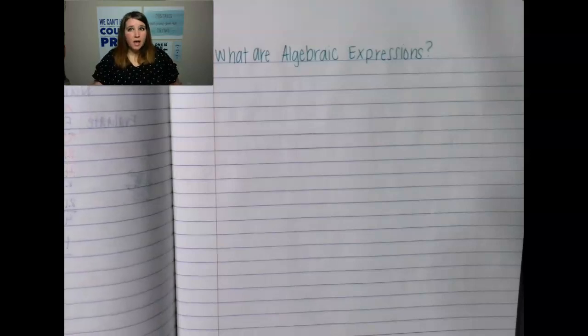We're talking about algebraic expressions. We've been learning about numeric expressions, and numeric expressions we know are just math sentences that have both numbers and operations. Well, now as we're jumping into chapter 5, we're going to be learning about algebra and integrating in letters.